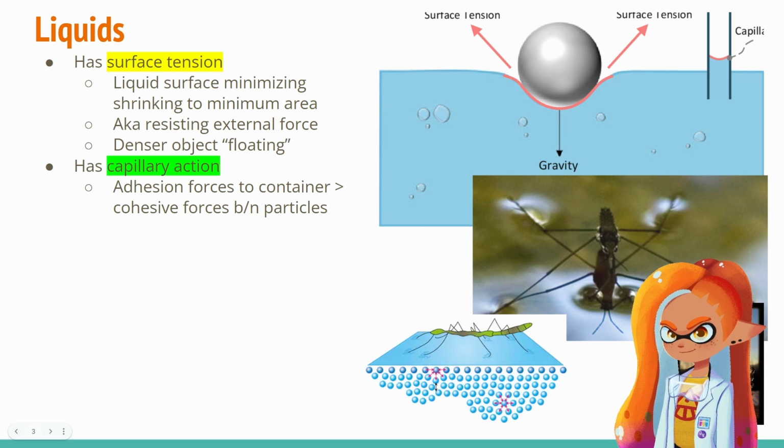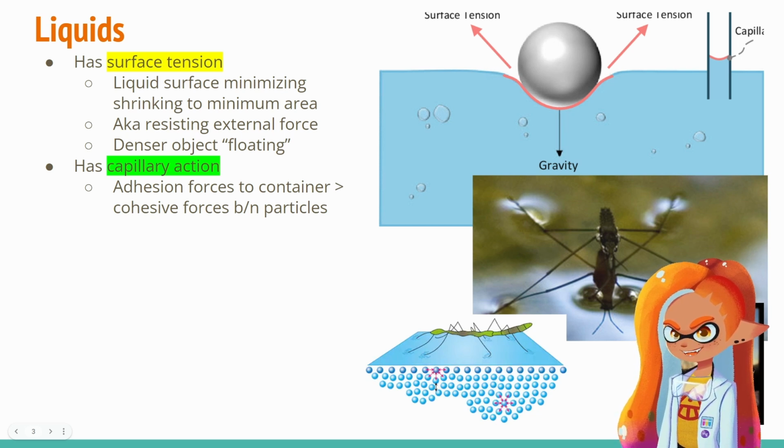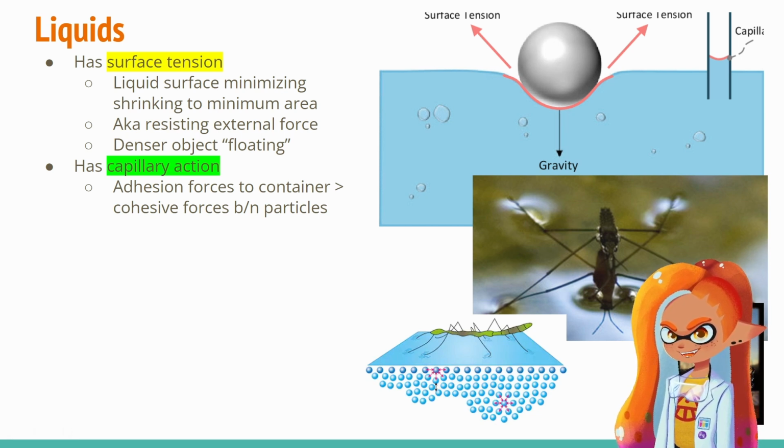Adhesion is the IMFs between the liquid that you're studying, in this case water, and the container itself. So there are IMFs happening between the water and the container, probably like a tube or straw, right? And so there are interactions happening there.